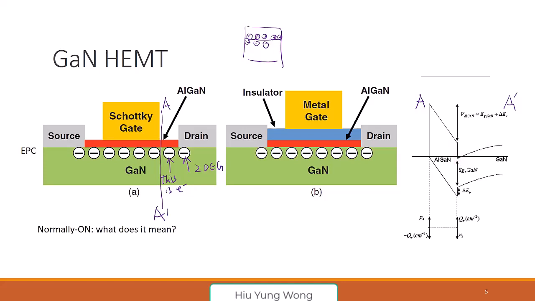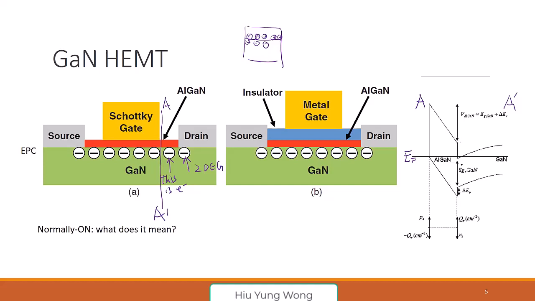It's because the gallium face has negative charge on the top. You have negative polarization charge on the top, and then we have a lot of positive polarization at the bottom of aluminum gallium nitride, right?